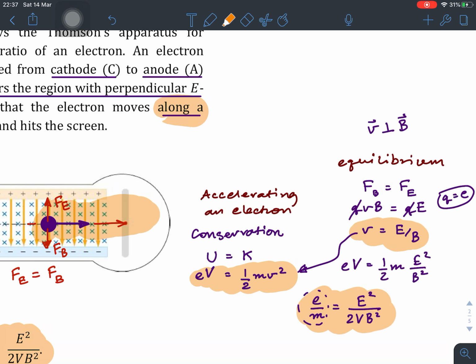And that is our answer. So it has been proved that e over m, or the charge per mass ratio, can be written in terms of the electric field, the magnetic field, and the accelerating potential V.